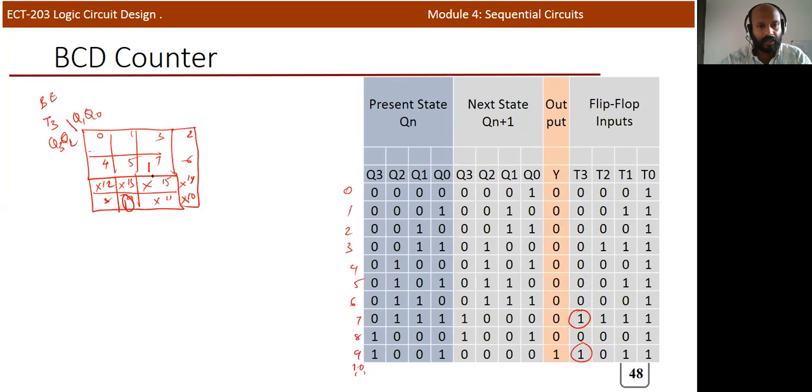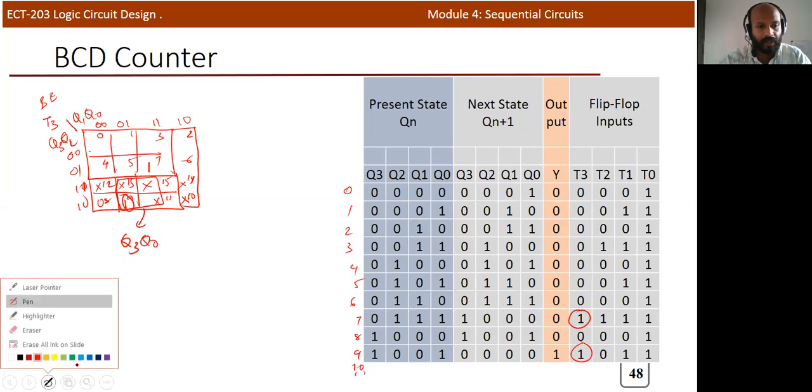So we can group here. You can take a group of 4 here. If you observe row wise it's Q3, and column wise it is Q0. So you got Q3 Q0.